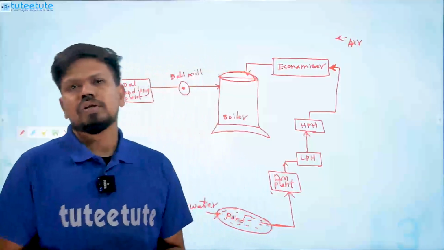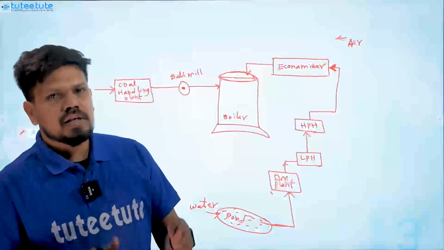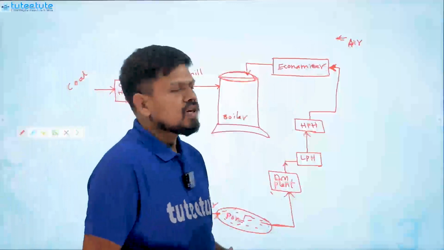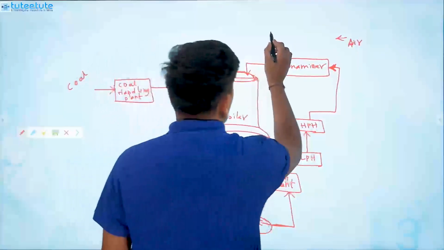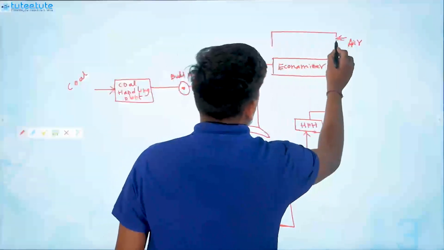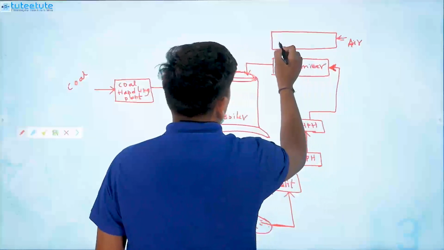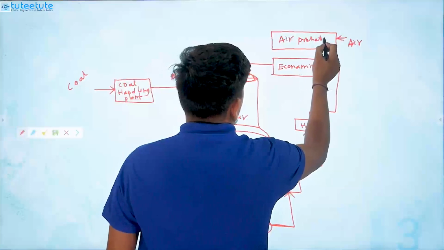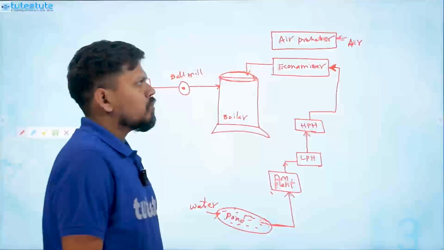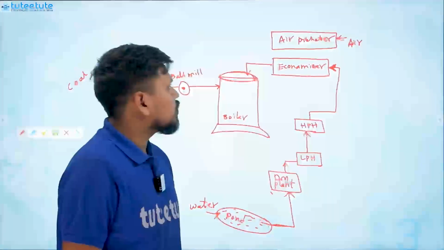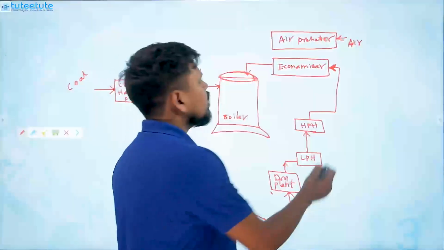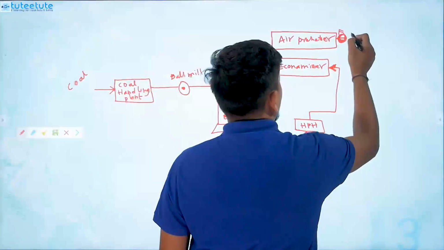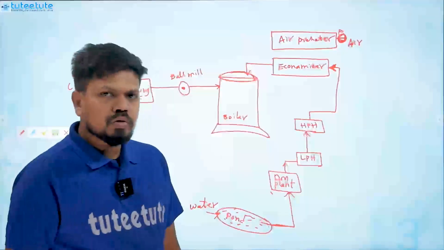So what you have to do is increase the air temperature by placing an air preheater. We are heating this air by placing the air preheater there. Into this air preheater we have to send the air, so we have to use some fans.